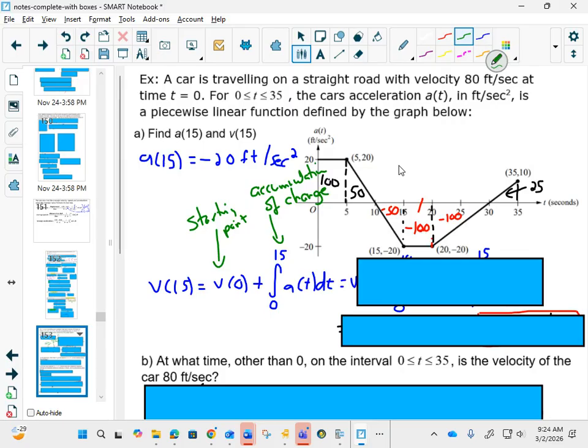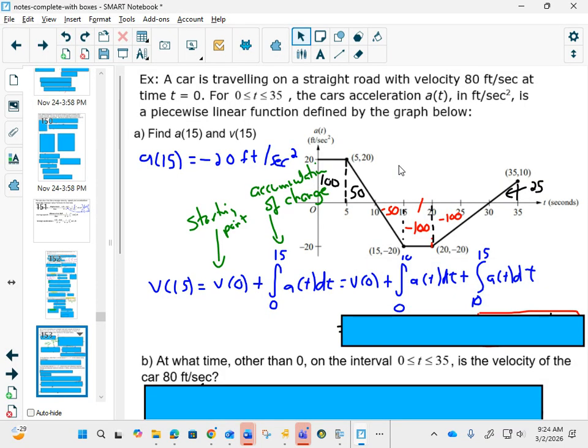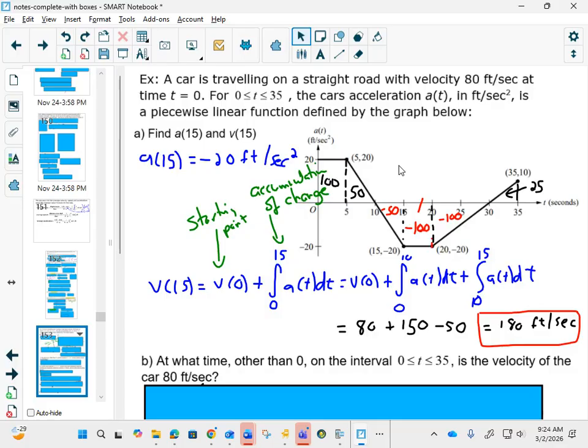So we have our starting point, and our integral is that accumulation of change. Having that as an idea makes this question really easy. We know we started with 80. We could add our 150, and then from 10 to 15, we'd have to subtract 50. And we would be at 180 feet per second.